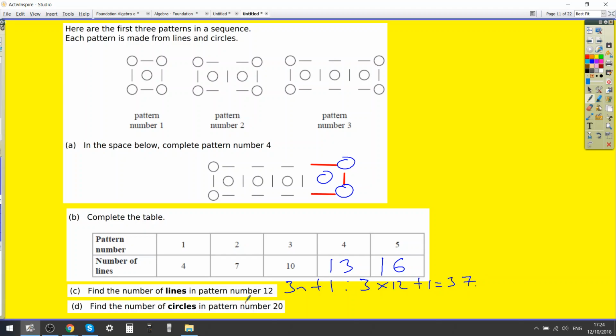Okay, and then how about D? Find the number of circles at 20. It goes up 1 every single pattern and it starts at 5 and 6 and 7 and 8.